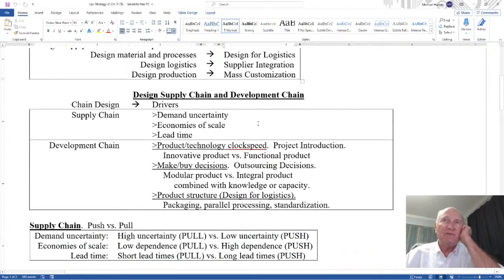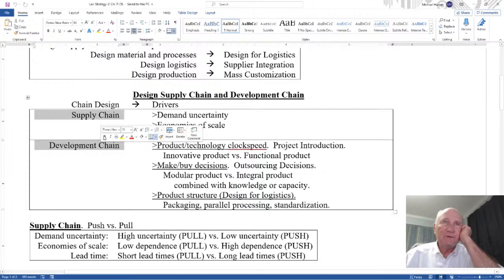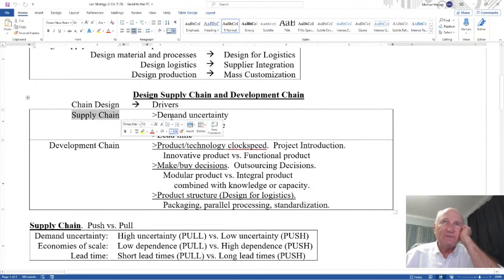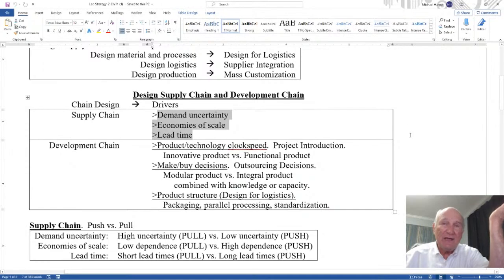So let's start with the development chain. Well, supply chain here, and your drivers over here. The supply chain has drivers of demand uncertainty, economies of scale, and lead time. And we've seen that: demand, lead time, economies of scale.